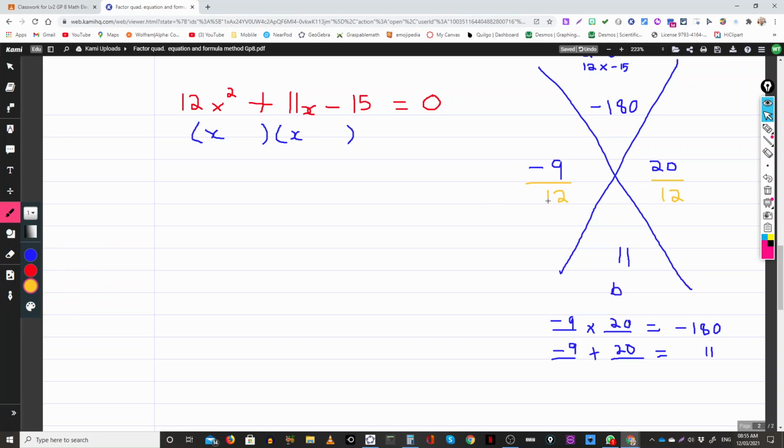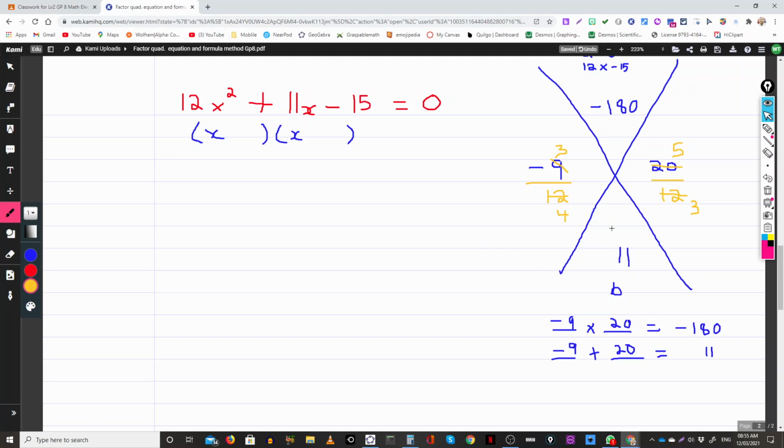Can this be reduced? Yes, of course, by 3. 3 into 9 gives 3, 3 into 12 gives 4. Can the other be reduced? Yes, by 4. 4 into 20 is 5, 4 into 12 is 3.